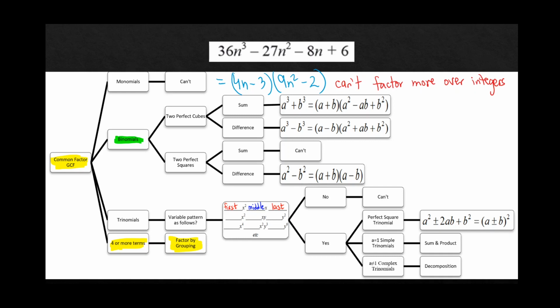There are other types of numbers out there. For example, we could say that it is actually two perfect squares. That second bracket is two perfect squares, as long as we're allowed to use square roots. For example, root 2 times root 2 is technically also a 2. So we could use difference of squares using irrational numbers. We'll leave that for now. There's going to be another video discussing how to do that later.